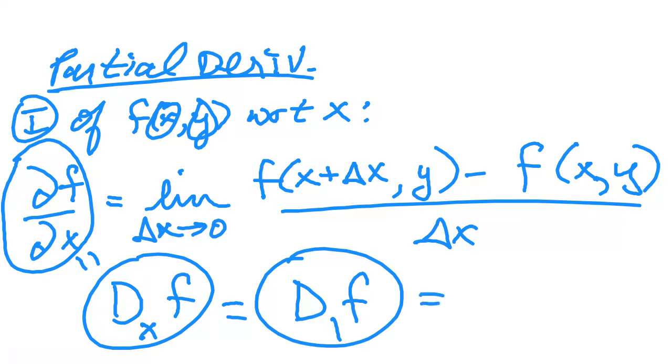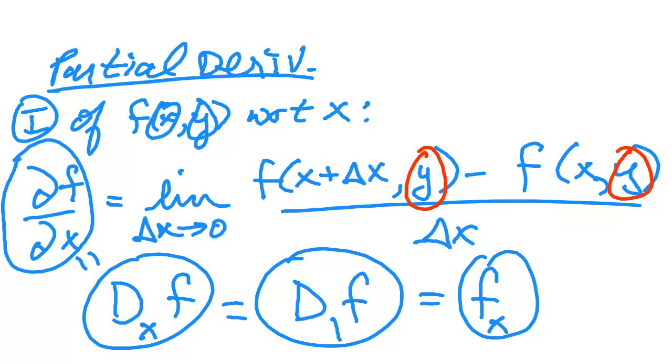And then another notation would be, instead of f prime, we could say f sub x. So that'd be the derivative of f with respect to x. And of course, the variables are x and y. So we're going to treat y like a constant on this. And that's the partial derivative of f with respect to x.